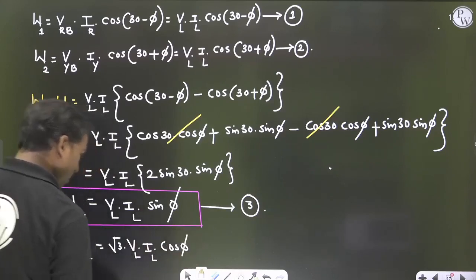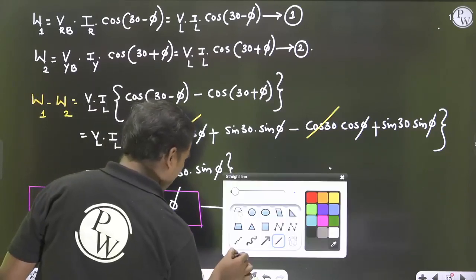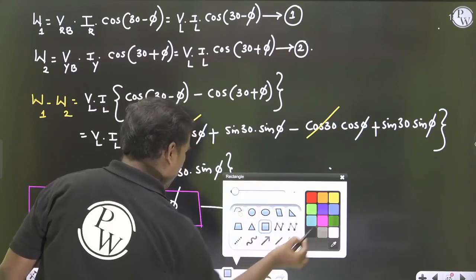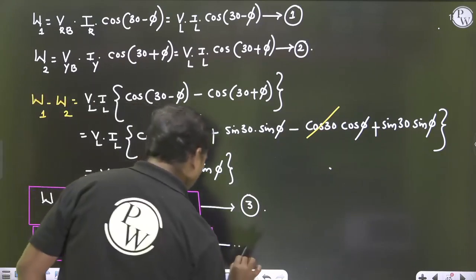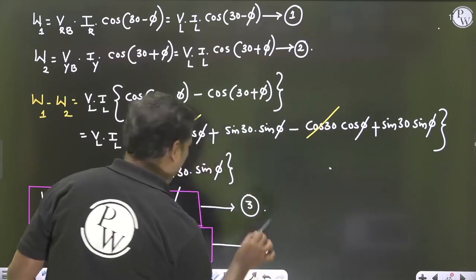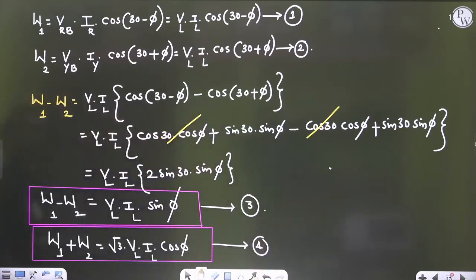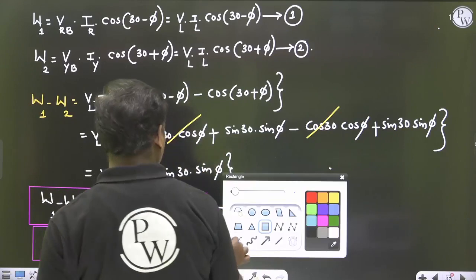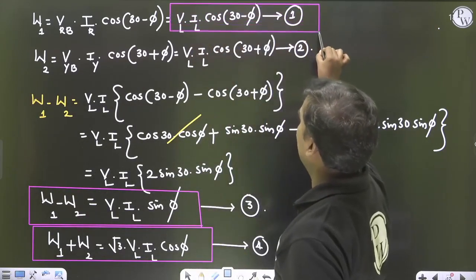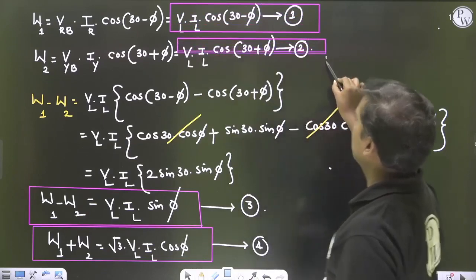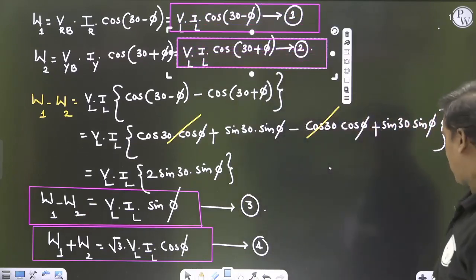So let us keep this as equation number 4. Okay, so 4 important equations, dear. First equation is VL IL cos 30 minus phi, then VL IL cos 30 plus phi. 4 equations, we got it.